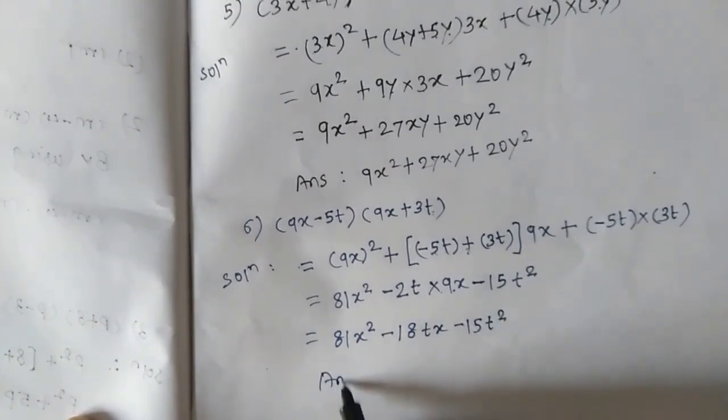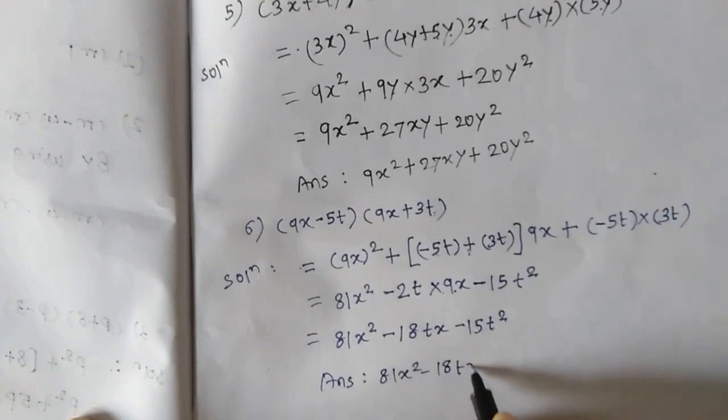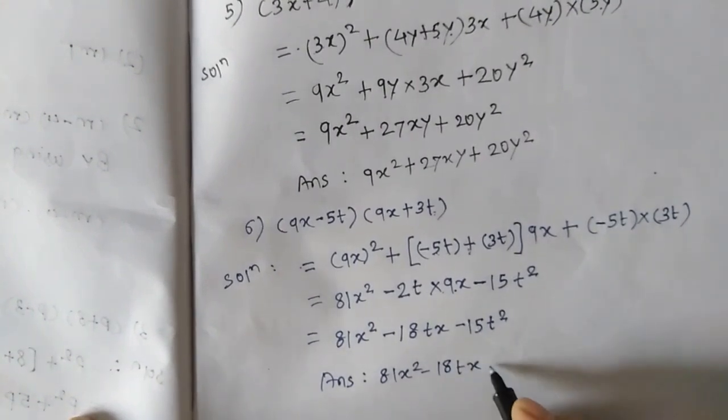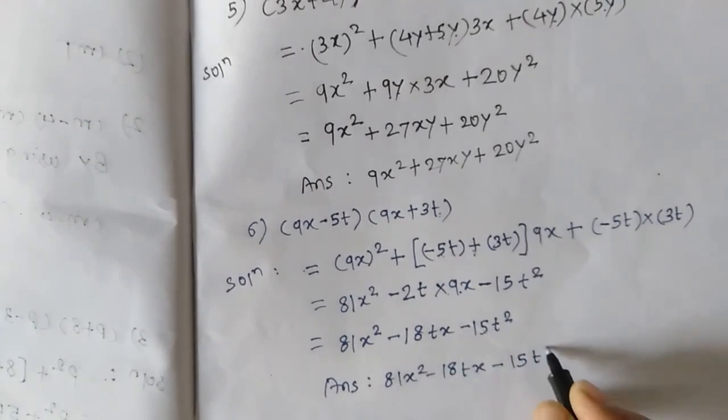This is the answer. 81x square minus 18tx or xt, both are same, minus 15t square.